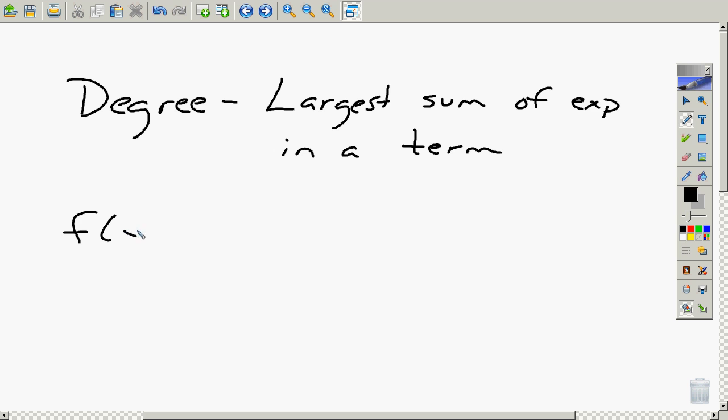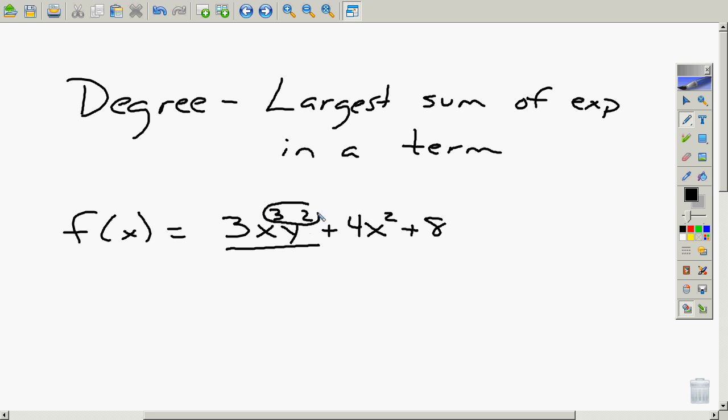For example, this 3x to the third y to the second plus 4x to the second plus 8. This term right here has a degree of 5 because you add the exponents. So that has a degree of 5.